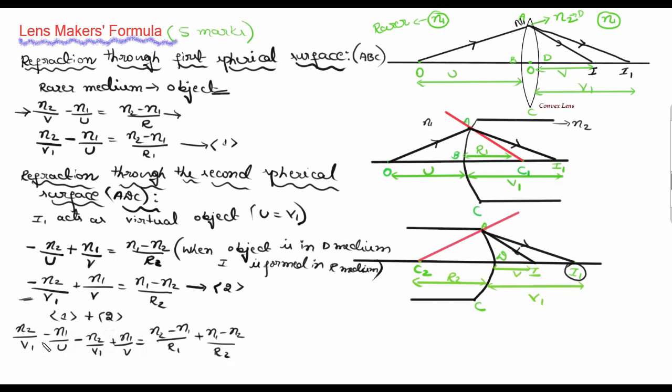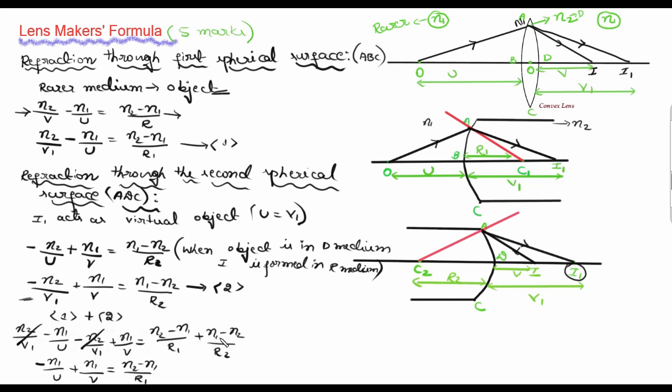As you can see in the left hand side, N2 by V1 will get cancelled because one is positive, another is negative. Write whatever is left: minus N1 by U plus N1 by V is equal to N2 minus N1 by R1.